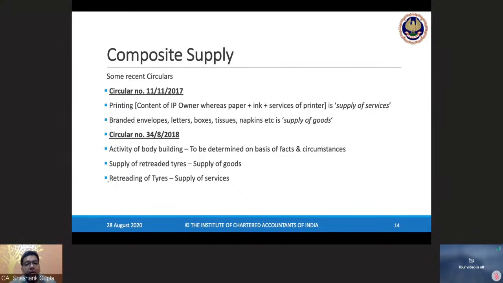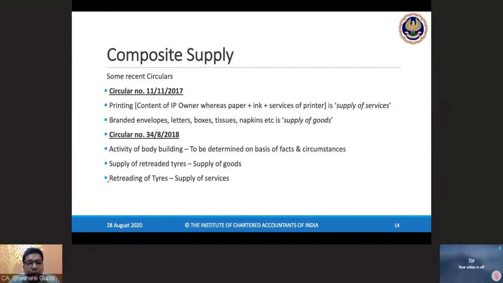Or the material and services are both supplied by the same person, but billed separately for material and separately for services, as individual supplies. The third category could be that it's a composite supply involving goods and services, where supply of goods has the primary nature, then the supply of goods will become the composite supply. So they're trying to say that it will be determined on the basis of facts and circumstances.